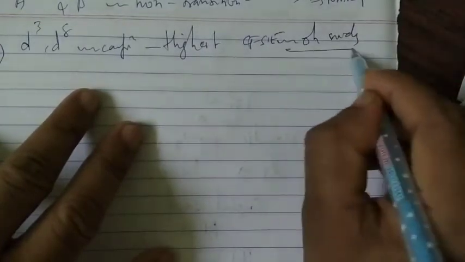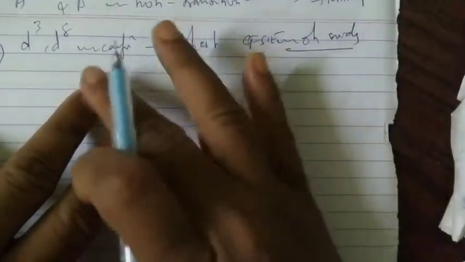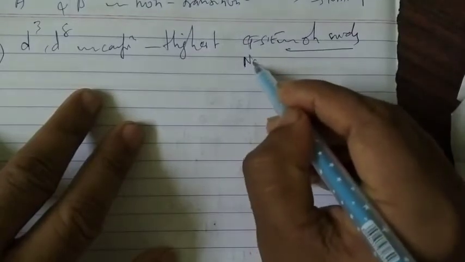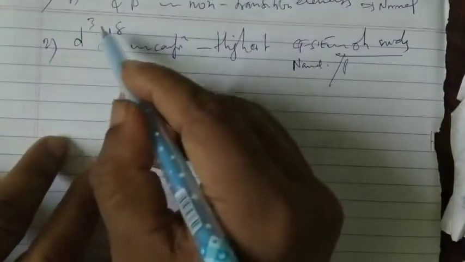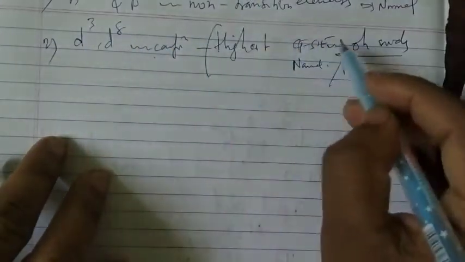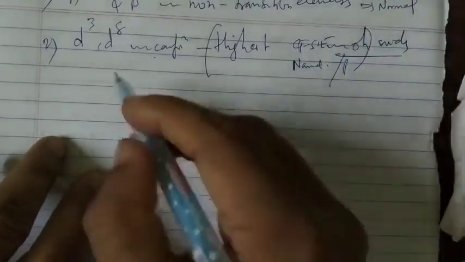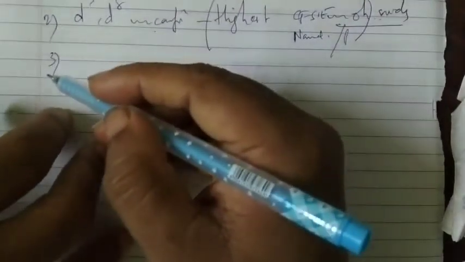Then you calculate according to the other metal ion, and you can come to a conclusion whether it is a normal spinel or an inverse spinel. But whenever it is a d3 or d8 configuration, take into account that it has the highest CFSE value, and they are going to fit in the octahedral voids. This is what you have to keep in mind.